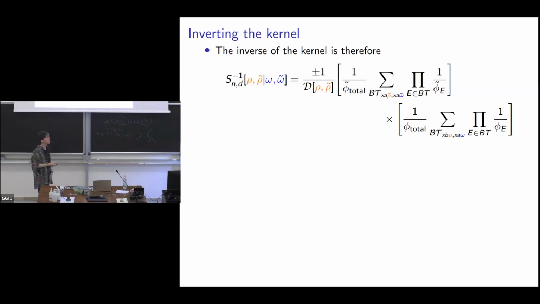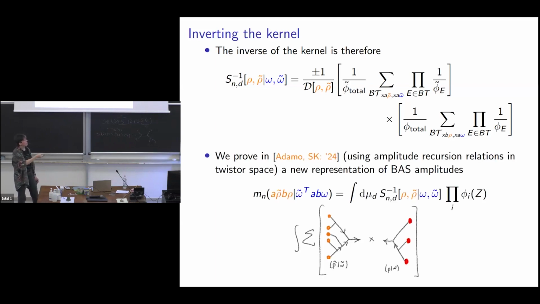So they're summed up in these diagrams. Okay, so this is the inverse. And another way of viewing this is as some binary trees over the negative helicity gravitons and some binary trees over the positive helicity gravitons. And then in this paper, we proved using BCFW recursion.